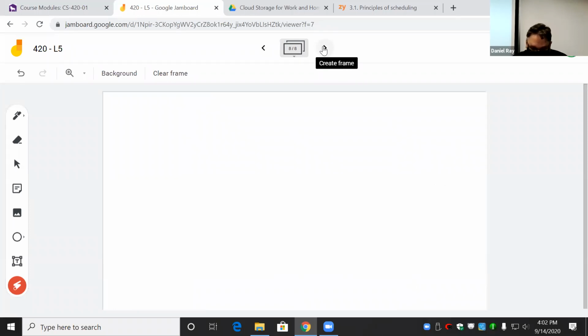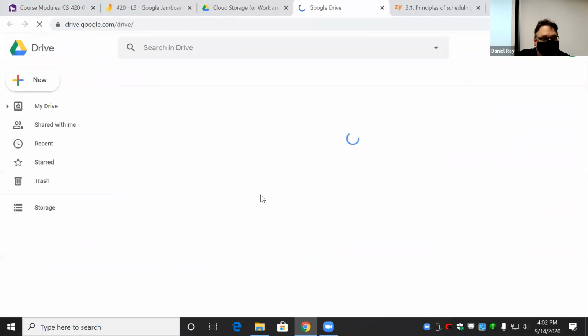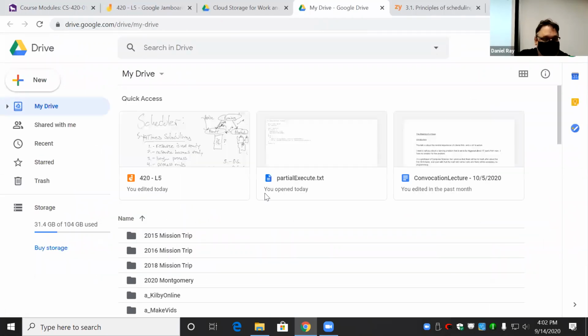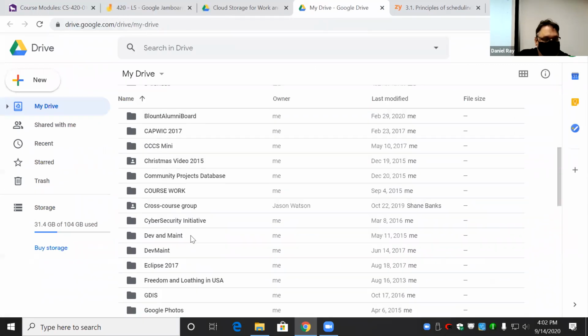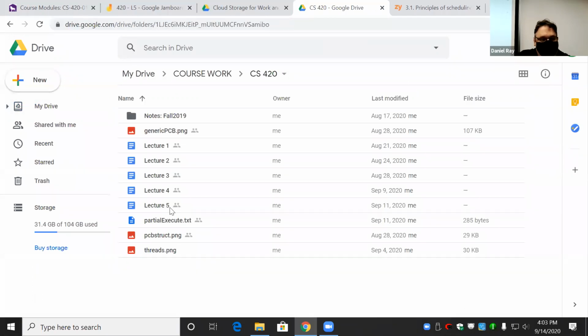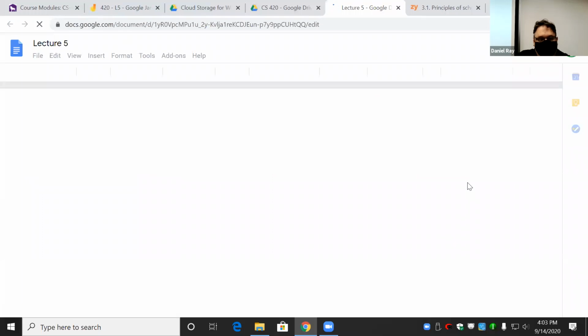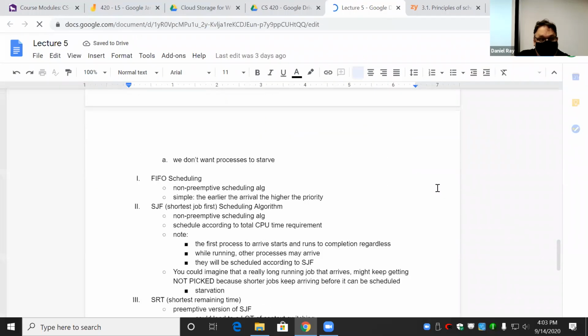All right, so as promised, we're going to look at three scheduling algorithms in this section, section 3.2. And I'll just put them up on the board. All right, and there they are.